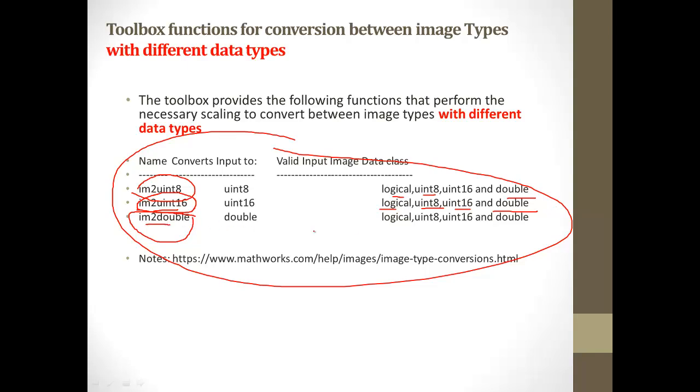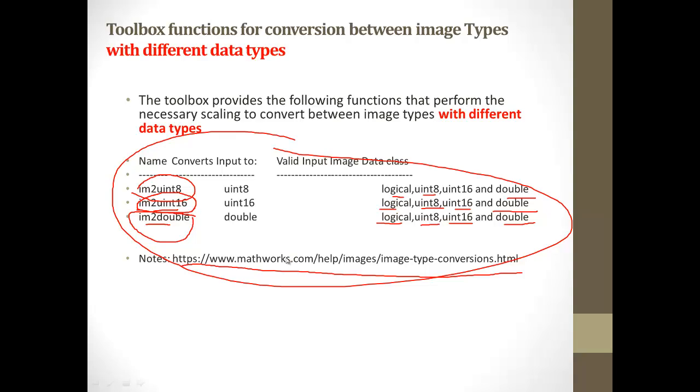For this function, the input can be logical, unsigned 8 bits, unsigned 16 bits, and double image data types. In fact, I have a website here that teaches you how to use this kind of function exactly, because I don't have enough time to teach them one by one. There are a bunch of these functions there, not just the 3.